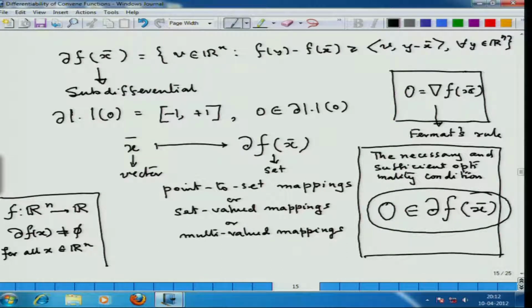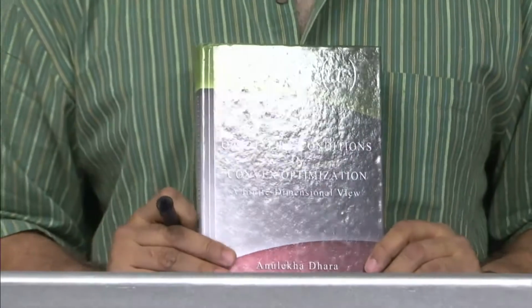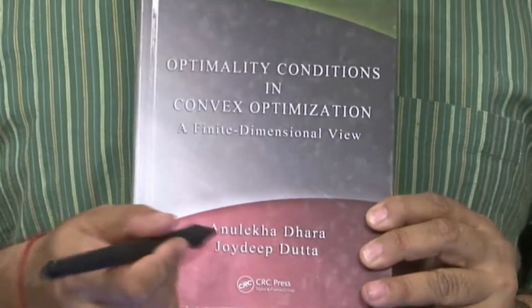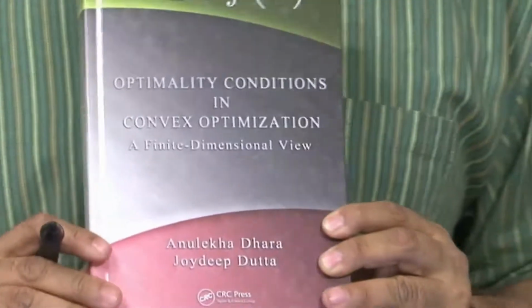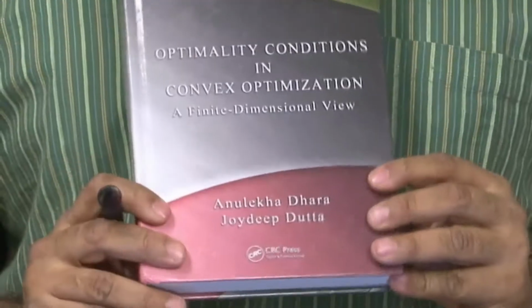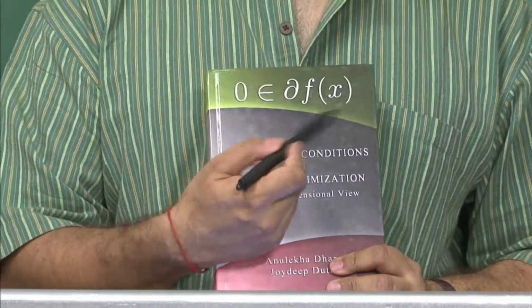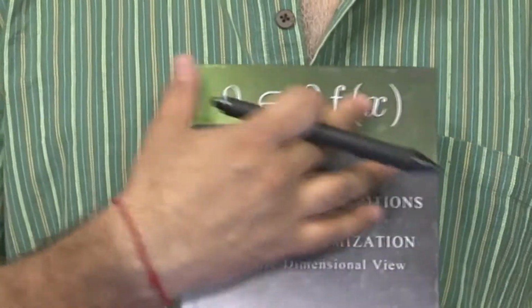In fact, our recent book that I want to show you, which has come out in convex optimization with myself being one of the authors, is this book where I am also one of the co-authors with Dr. Dhara, professor at IIT Gandhinagar. You see that this symbol 0 belonging to del f(x), this symbol has been on the cover.